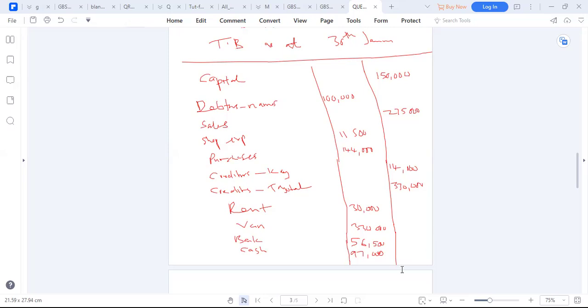$9,000 on the credit side. What's the total?